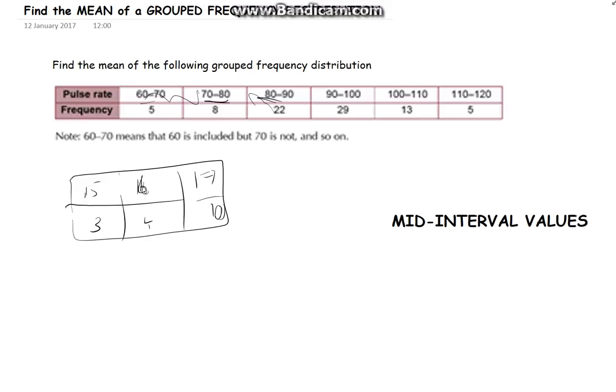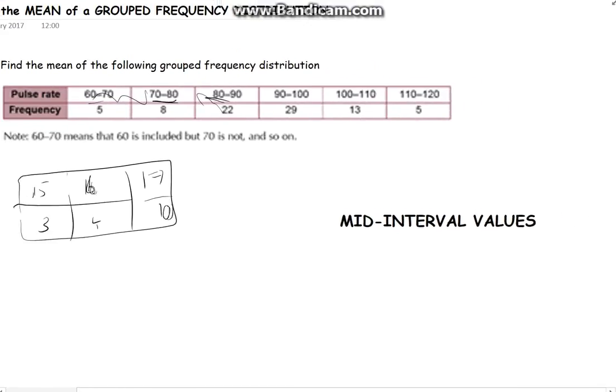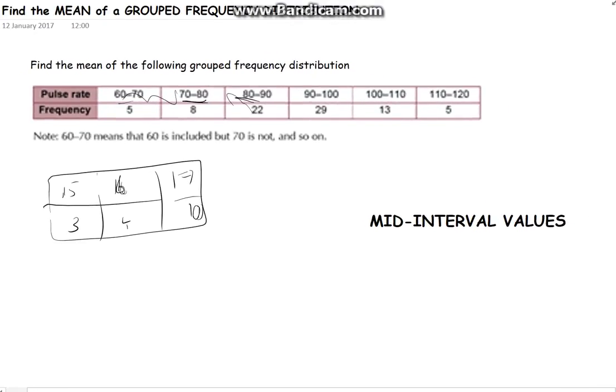So anytime the values have been grouped, it's really important that we remember we have to find the mid-interval values. So what are our mid-interval values?